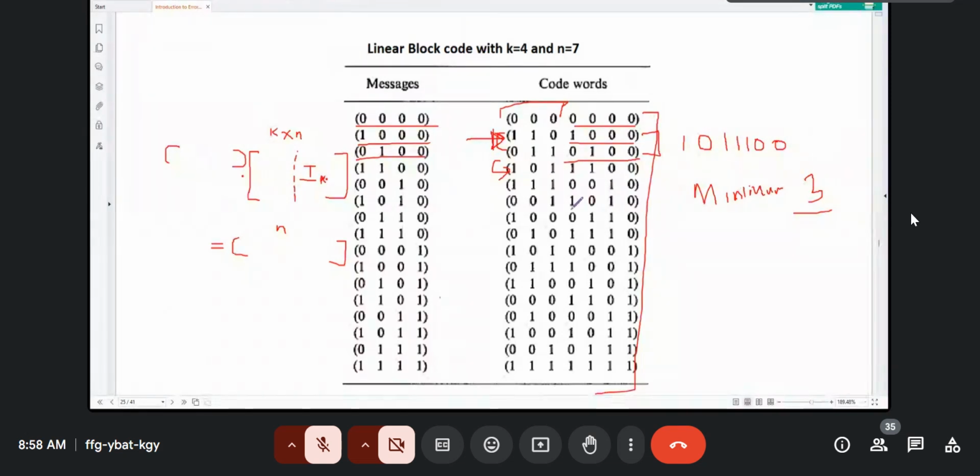If 2 bits are in error, it will produce a code word which is not here. So you're going to detect it. But if 3 bits are in error, it may produce, it will not always produce, it may produce a code word which is here.